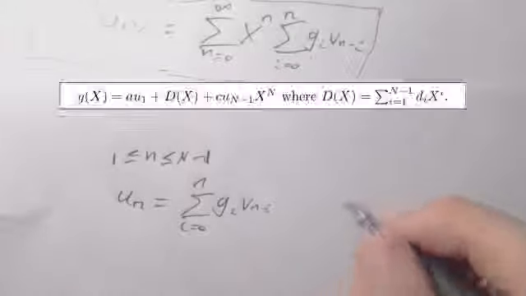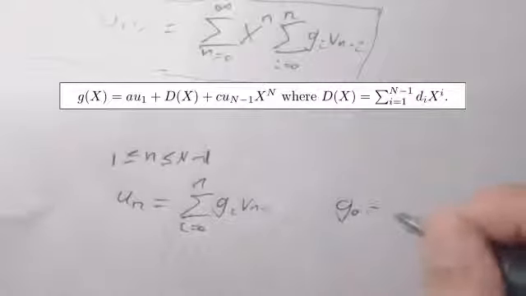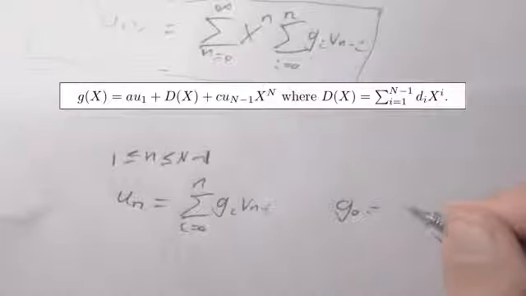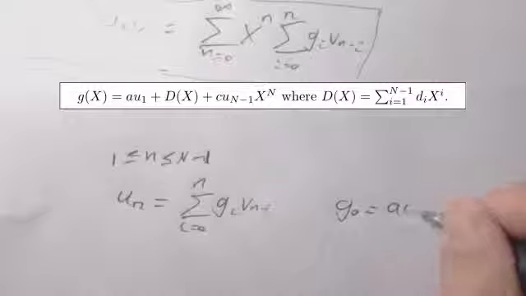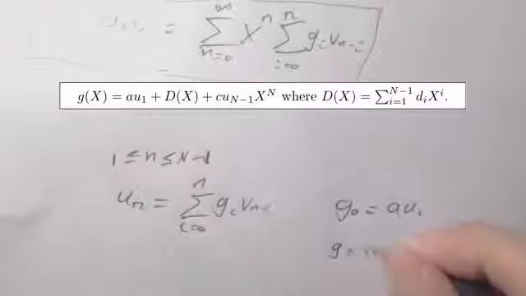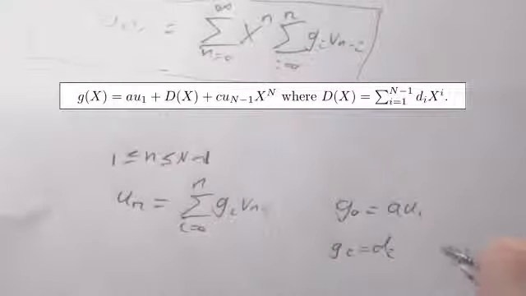We know that g0 was a u1, and g_i is equal to d_i for i between 1 and N minus 1.